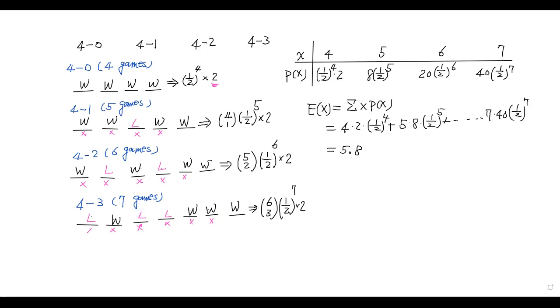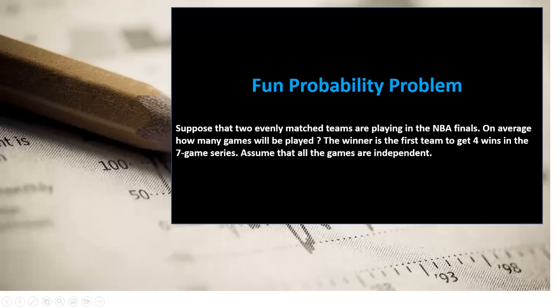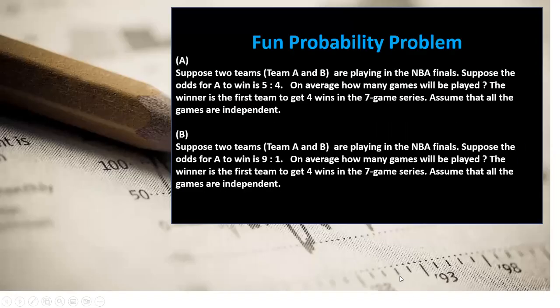So now go back to your exercise. Your exercise asks here, how about now the odds to win are different? So intuitively, if the two teams are even, the number of games is supposed to last the longest, because they are even. So I put two examples here.